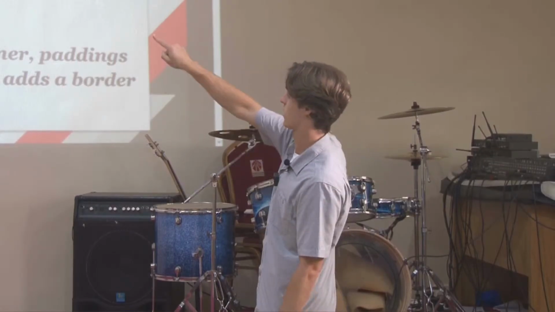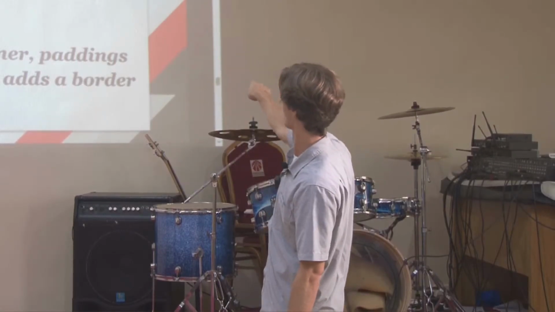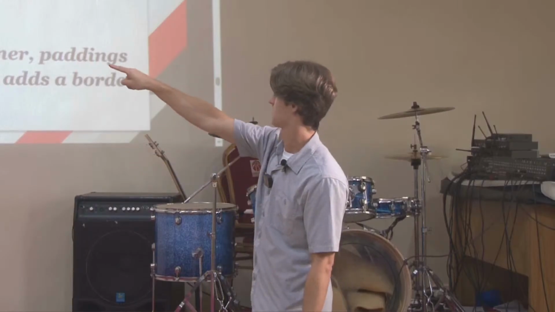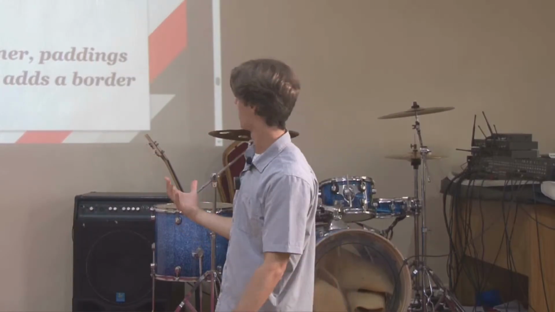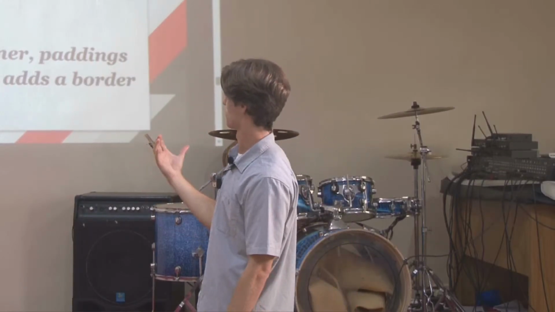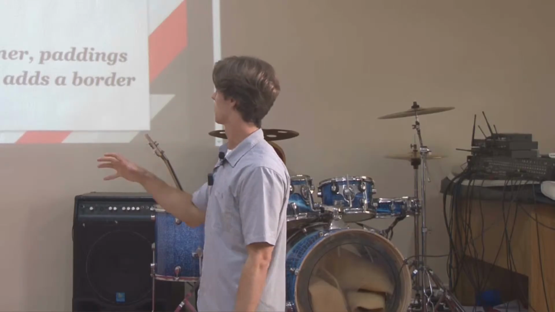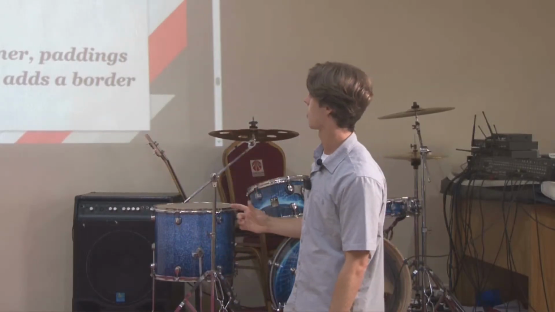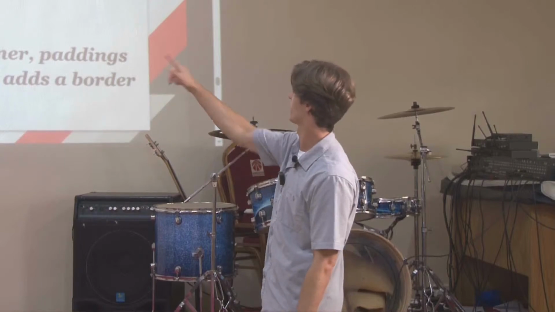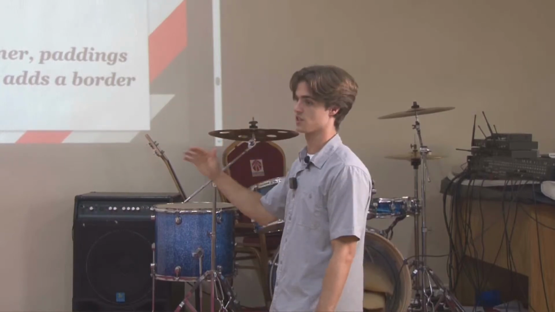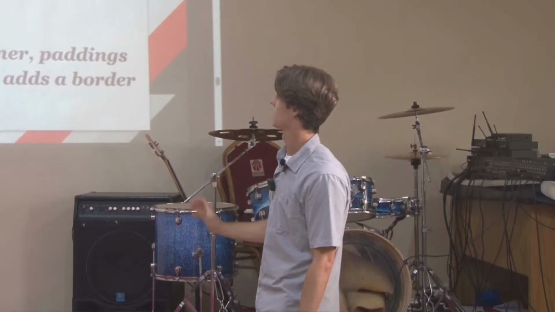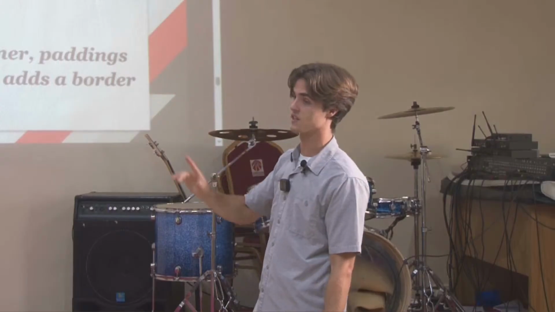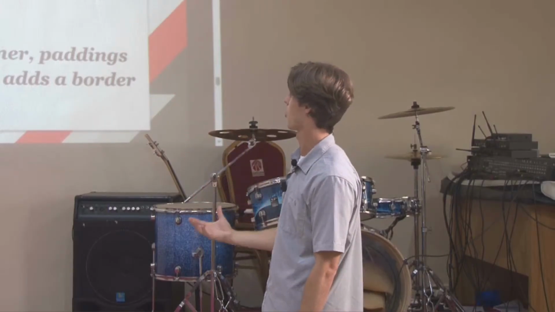So that is clockwise, right? Top, right, bottom, left. If you only put 1 value, then it assigns that size to all sides. Does that make sense? So in the margin rule, I have 4 different sizes set to my 4 different sides, and in the padding rule, I have 1 size that is automatically applied to all sides.